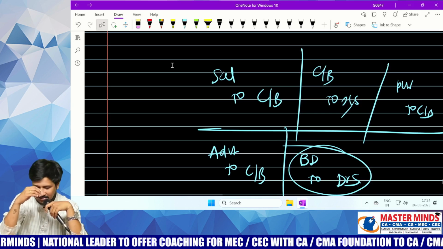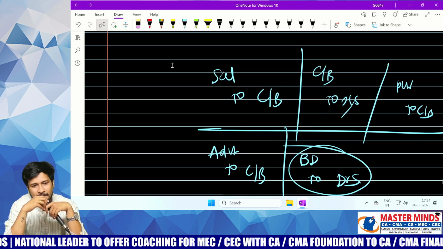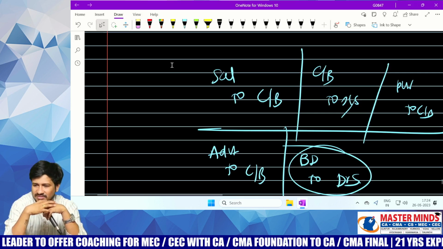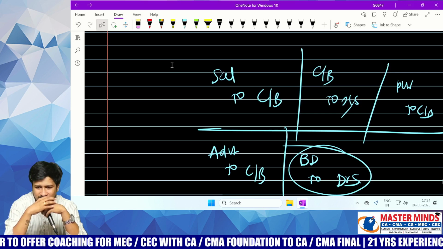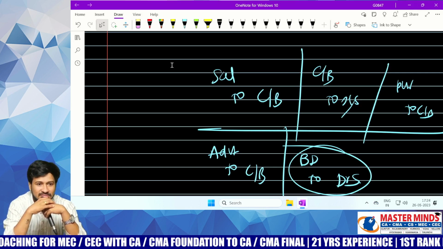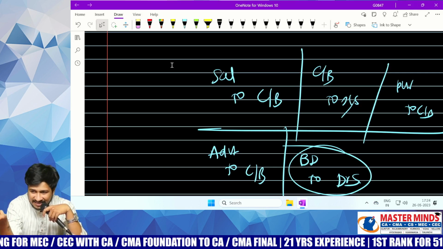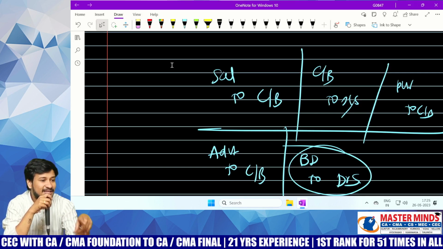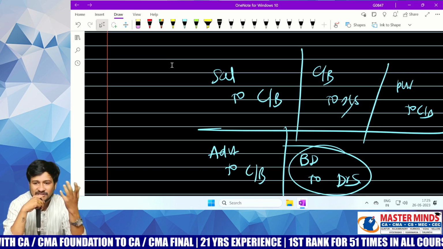Understood? Credit sales: not an activity because it is not connected with cash. Credit purchases. Credit customers repaid cash. That's an activity. Which activity? Operating activity, because debtors repaying cash is quite common.